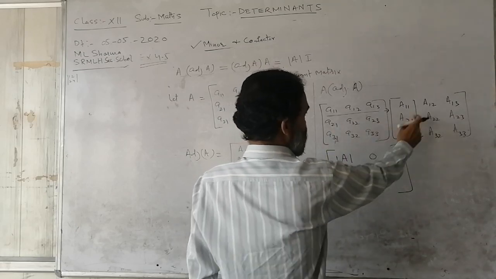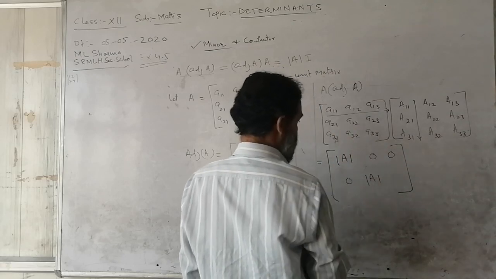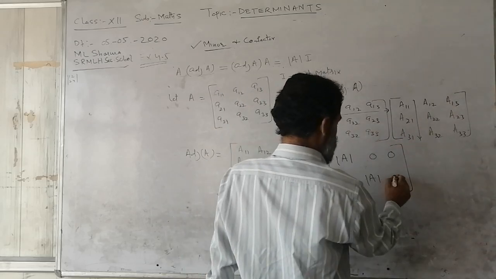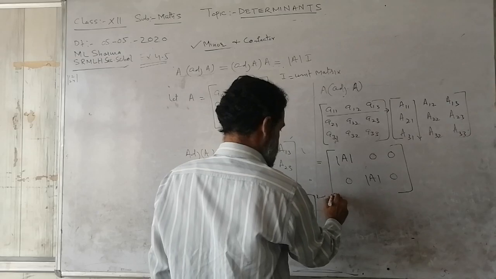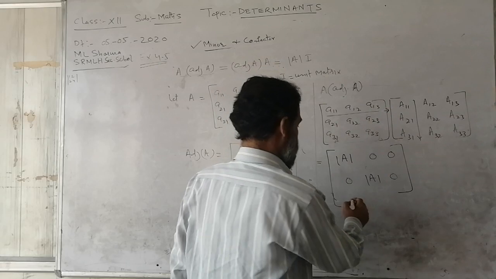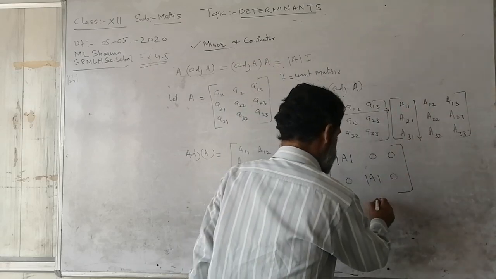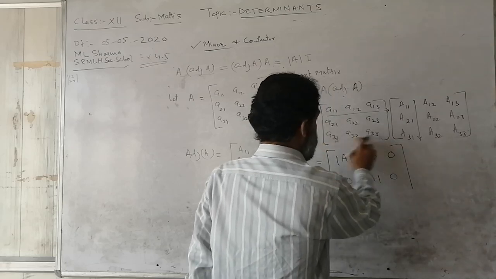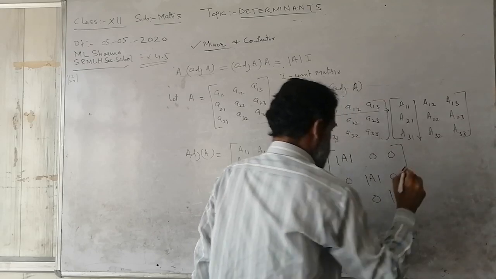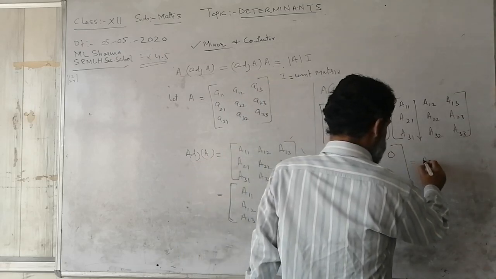When this row is multiplied by this will give me again determinant A, and this row R2 when multiplied by this will give 0. And when this R3 is multiplied by this it will give 0. This row multiplied by this column will again give 0, and this row multiplied by this column will give determinant A.